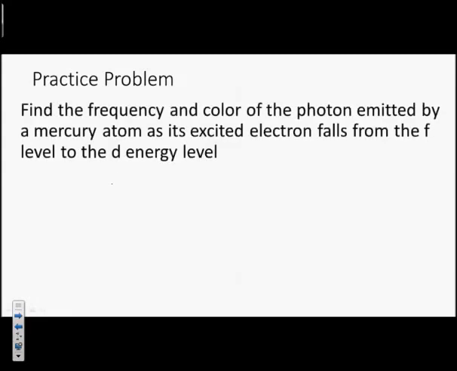Okay, so find the frequency and color of the photon emitted by a mercury atom as its excited electron falls from the F level to the D level energy level. So a couple things. First off, instead of numbers, they use letters. It's just to signify that it's a different atom. Remember from the video and our talk yesterday that different atoms have their electrons get excited to different energy levels, and that's why they give off different light.